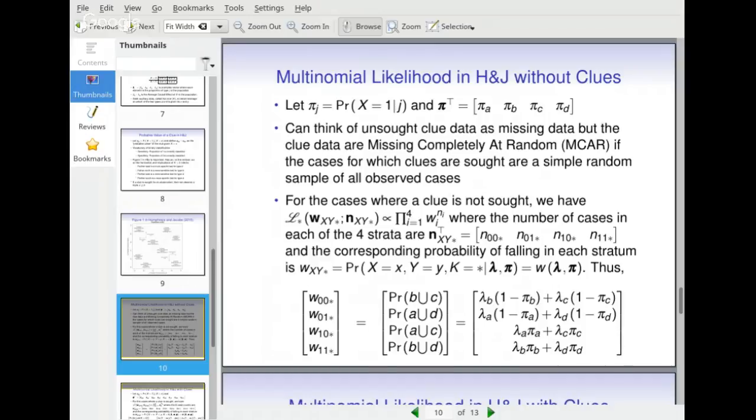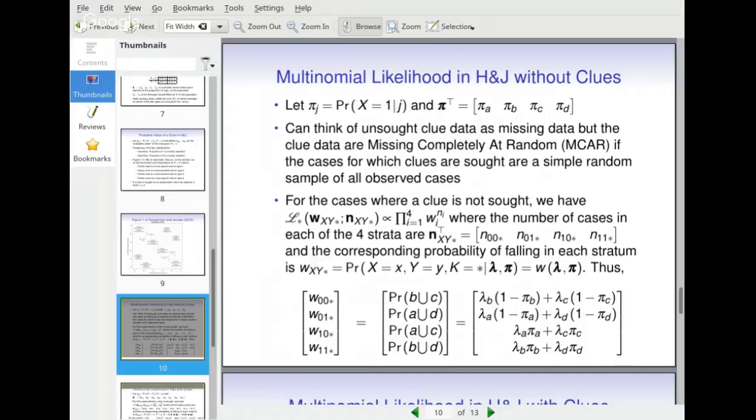So we can think of these as vectors of length 4. So n, the vector, is: N00, the number of cases where X is 0, Y is 0, and you don't know what the clue is. N01 is the number of cases where X is 0, Y is 1, and you don't know what the clue is. N10 is the number of cases where X is 1, Y is 0, and you don't know what the clue is. And N11 is the number of cases where X is 1, Y is 1, and you don't know what the clue is.